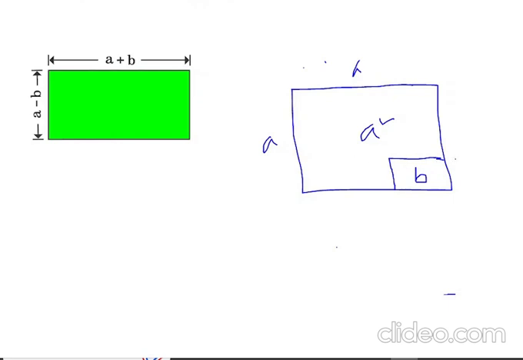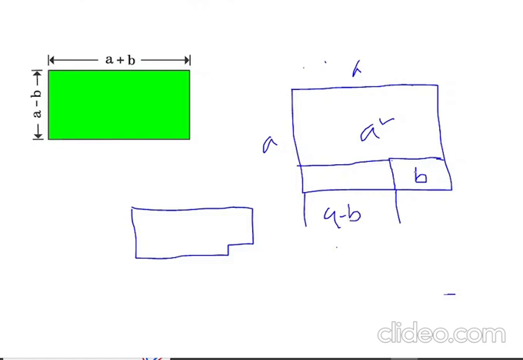If we subtract b unit, then our shape will be like this, and after deducting this part, our measurement will be a minus b.